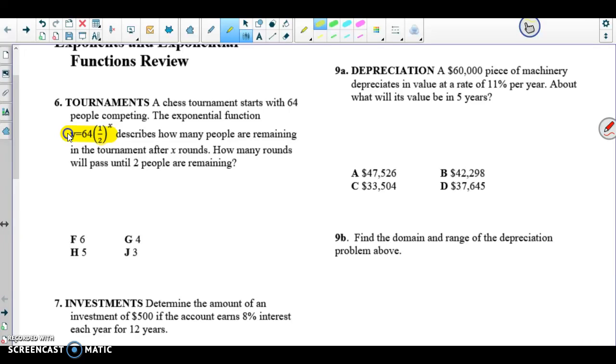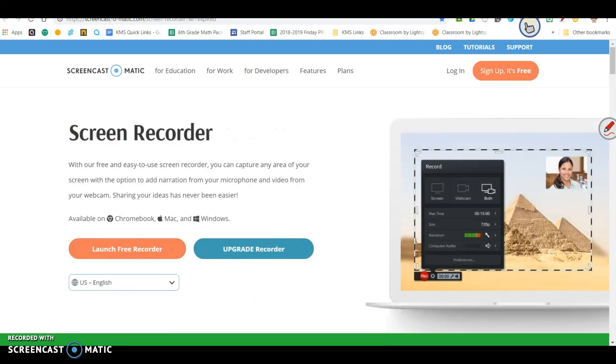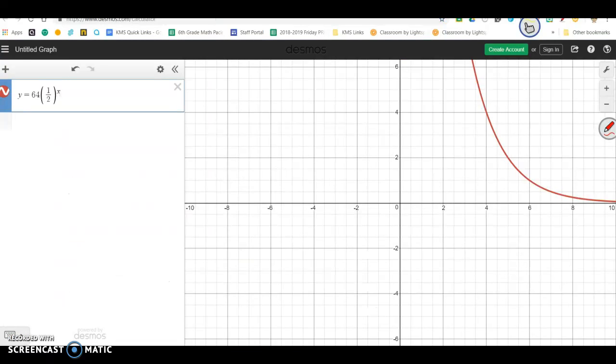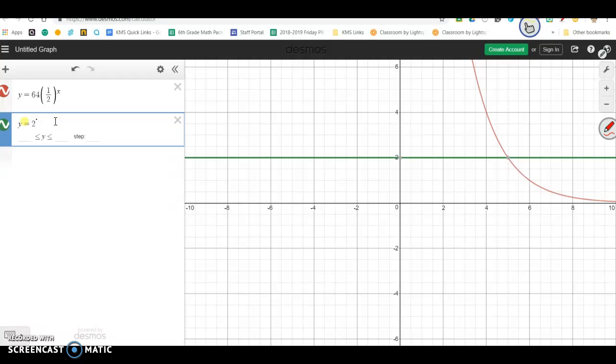So let's take a look. Whoops, wrong page. We don't need this one. We need that one. Okay, so here's my function. All right, 2 people remaining is going to be y equals 2, because that is the number of people, not the number of rounds.